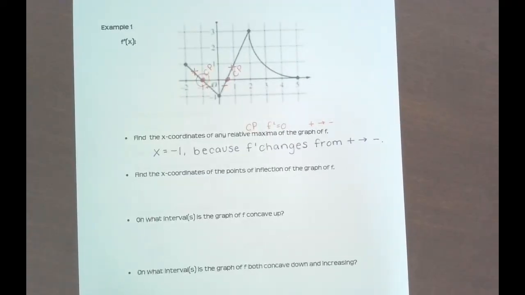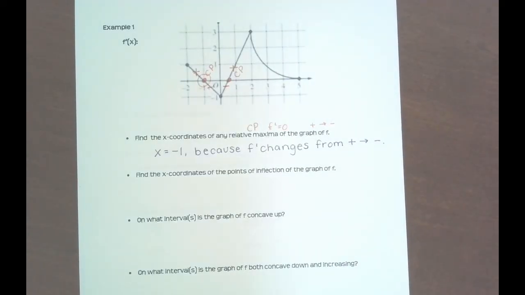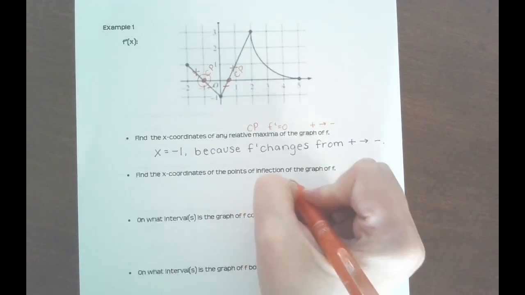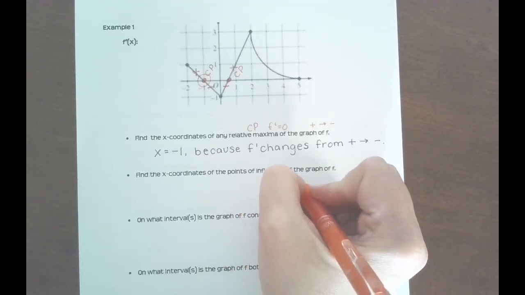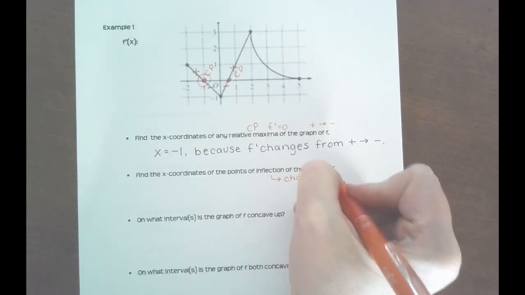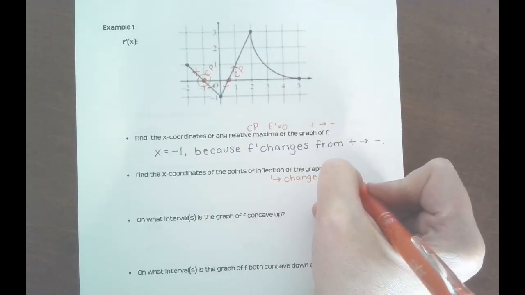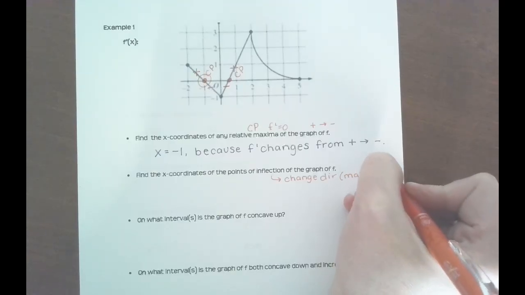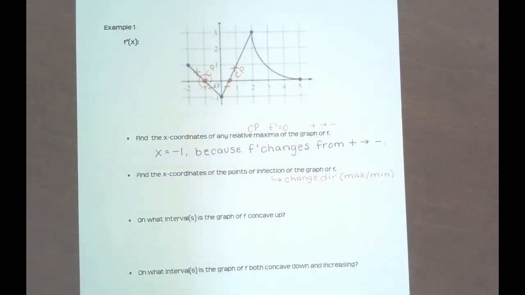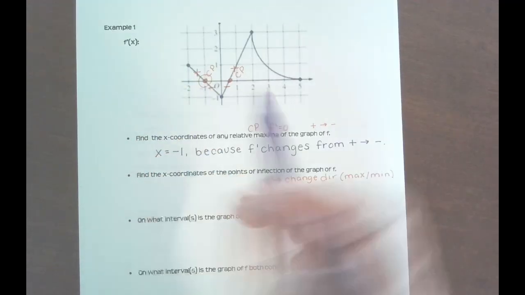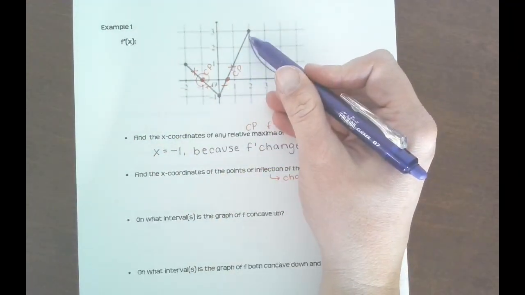Okay, inflection points. Inflection points are going to be places where we have a change in direction. Now I'm going to be a little bit pickier when we write our justification here. But essentially what we're looking for are maxes and mins on our derivative graph. Okay, so on our derivative graph, f prime is decreasing, and then here f prime is increasing.